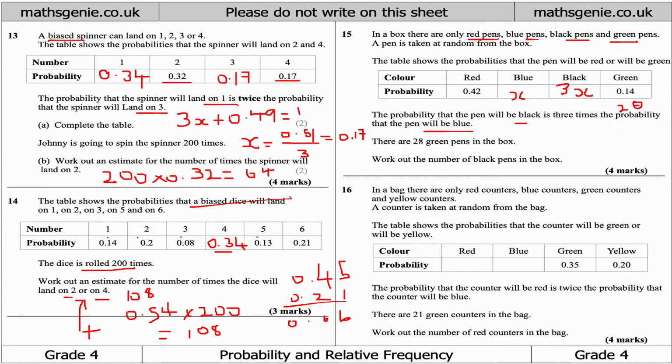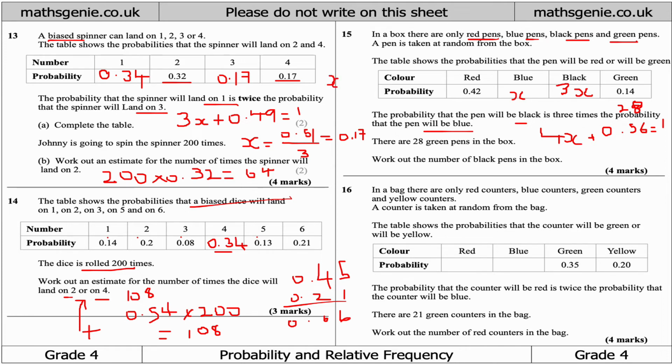So there are 28 green pens. Again, forming our equation to work out the probability, I'm going to have 4x plus 0.56 has to equal 1 whole. Taking away the 0.56 and then dividing by 4 gives us the value for x.